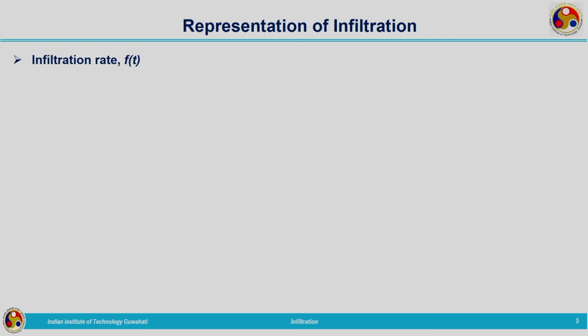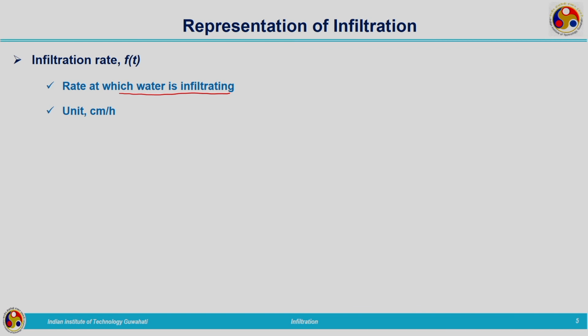Just as with the intensity of rainfall, which expresses the amount of rainfall within a particular time in length per time, infiltration rate is the rate at which water is infiltrating. It is represented by small f of t, and the unit of infiltration rate is centimeters per hour. If you are making use of SI units, it can be converted into SI units.